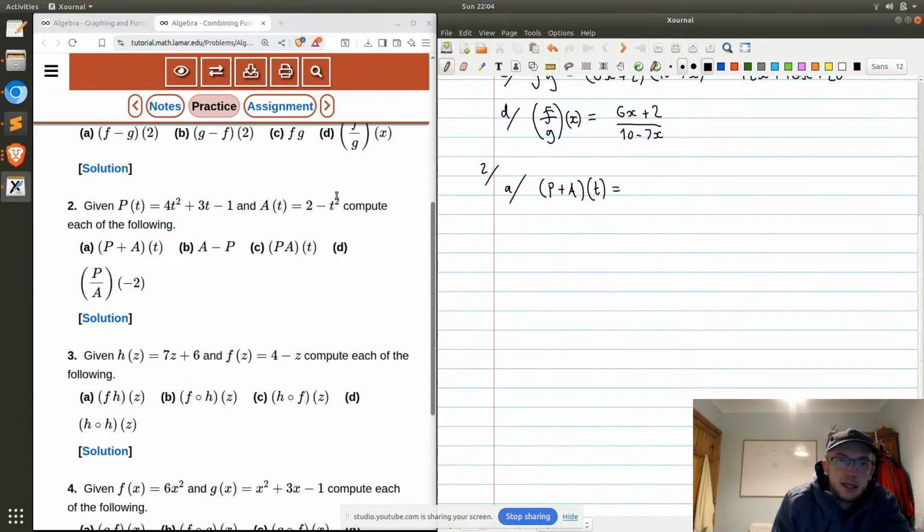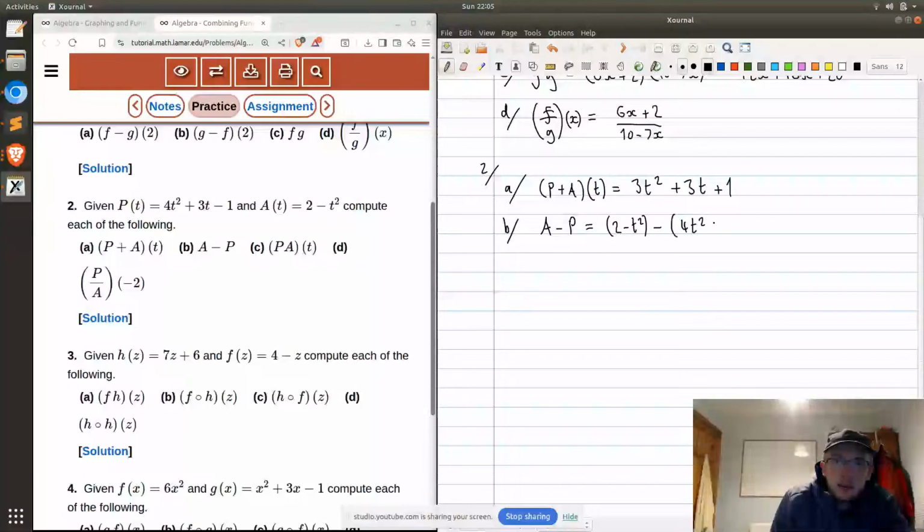So 4t squared take t squared is 3t squared. Then 3t just by itself. And then negative 1 plus 2 is plus 1. And for part B, we're to do function a minus function p. So 2 minus t squared, that's the definition of function a, minus 4t squared plus 3t take 1.